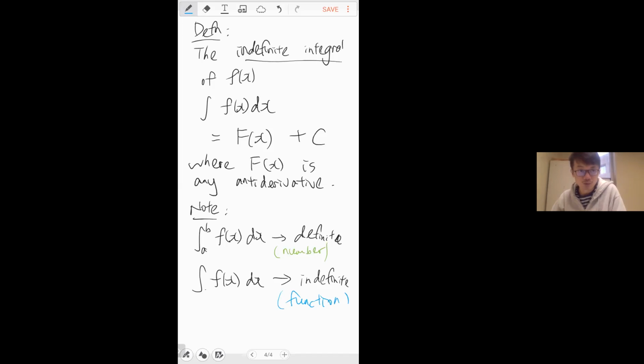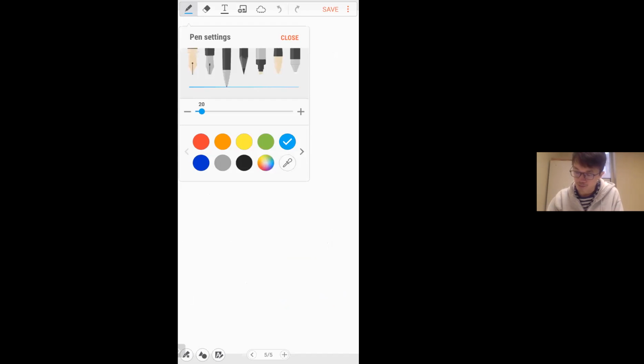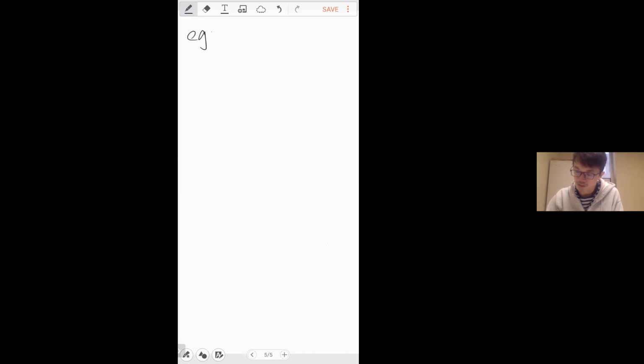So basically, everything that we have done so far is still correct. For example, how do I compute the indefinite integral of this guy? That means I need to compute the antiderivative of the fourth root of x to the fifth.